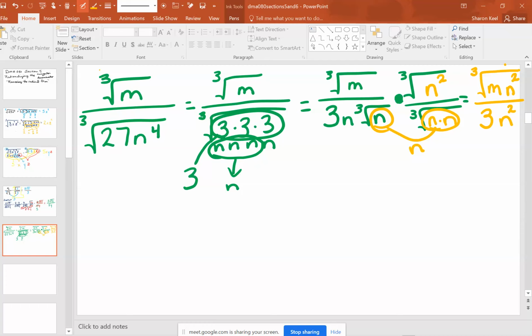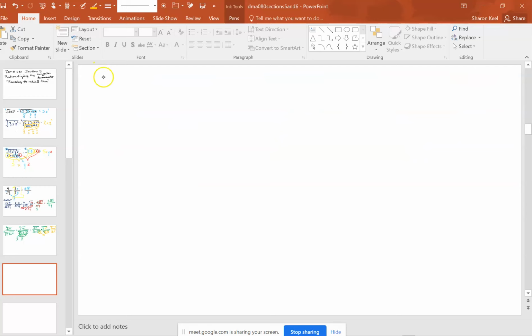Now, let me show you what to do if you are rationalizing with 2 terms. I'll start with a simple one, and then I'm going to give you one that I know is like what you're going to have on the test. So starting with this simpler one, we have 6 over 4 minus the square root of 3.